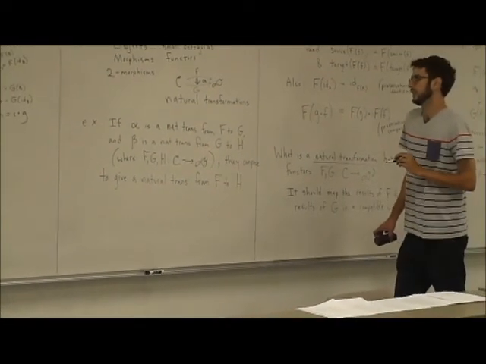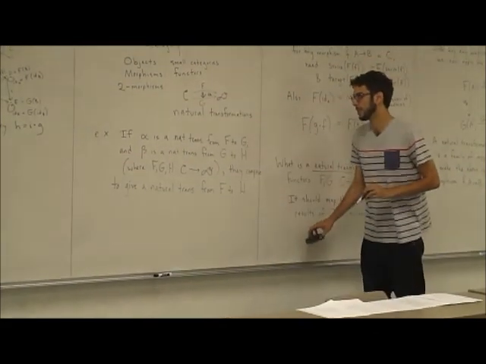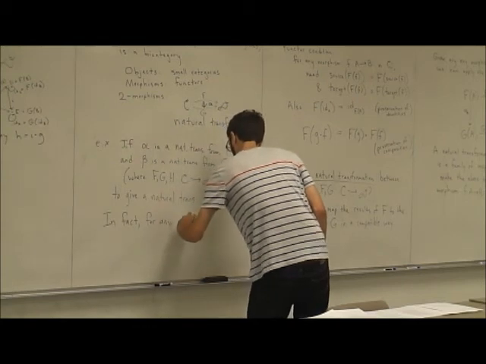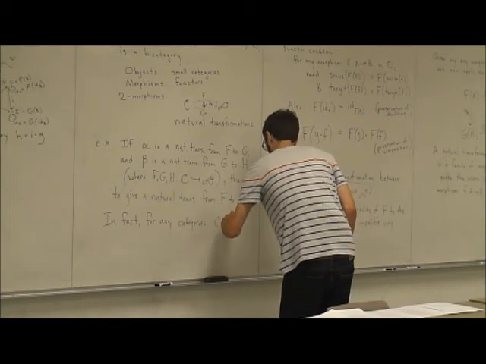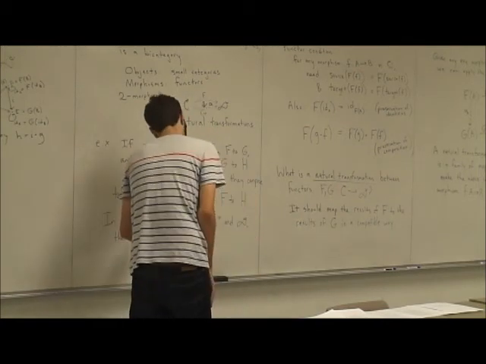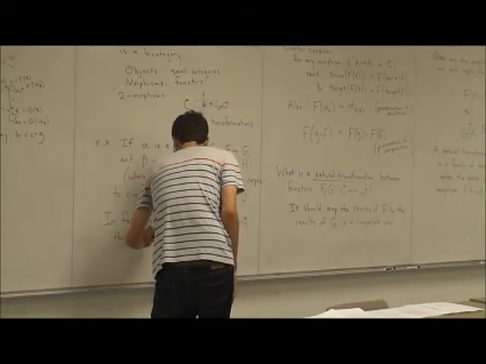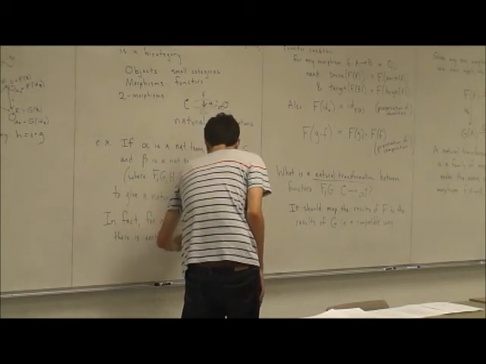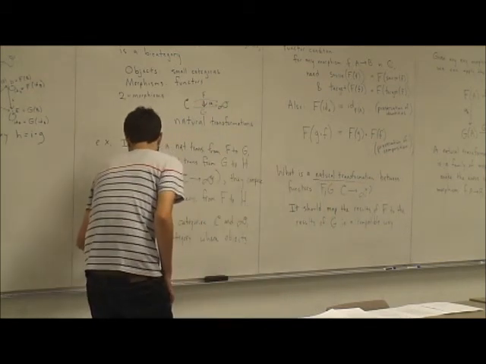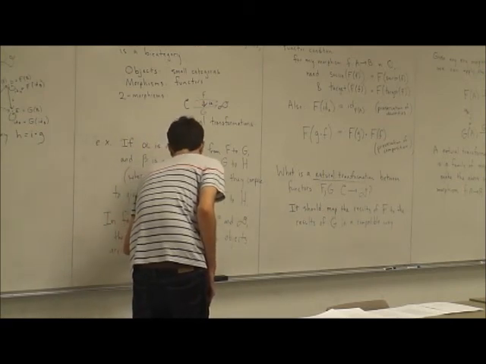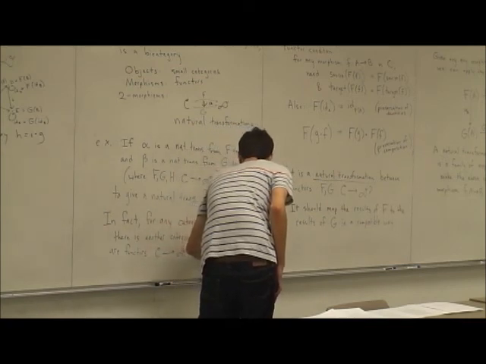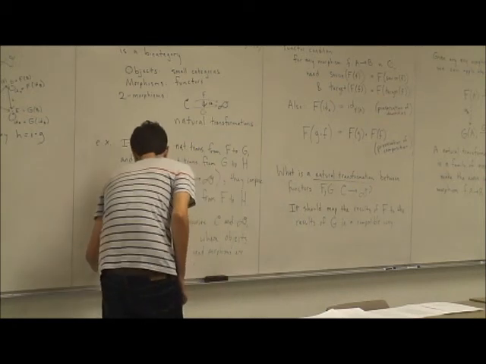So it turns out this collection of two morphisms here, for any categories C, D, there is another category where objects are functors from C to D, and morphisms are natural transformations.